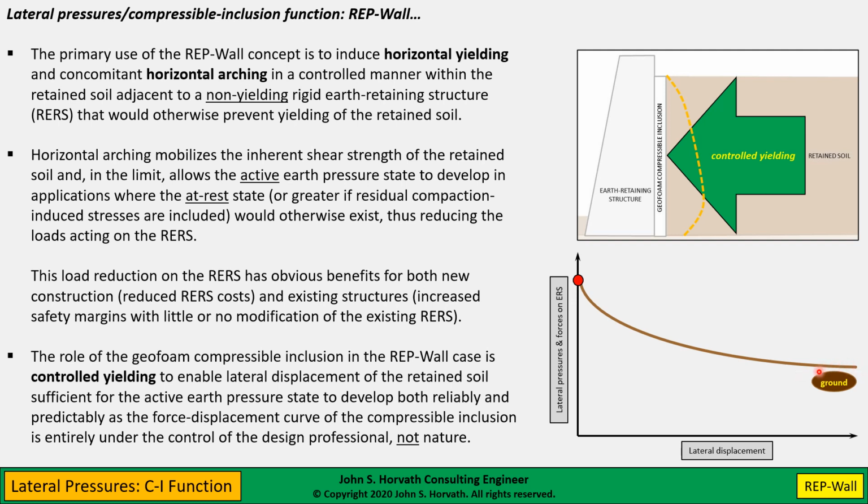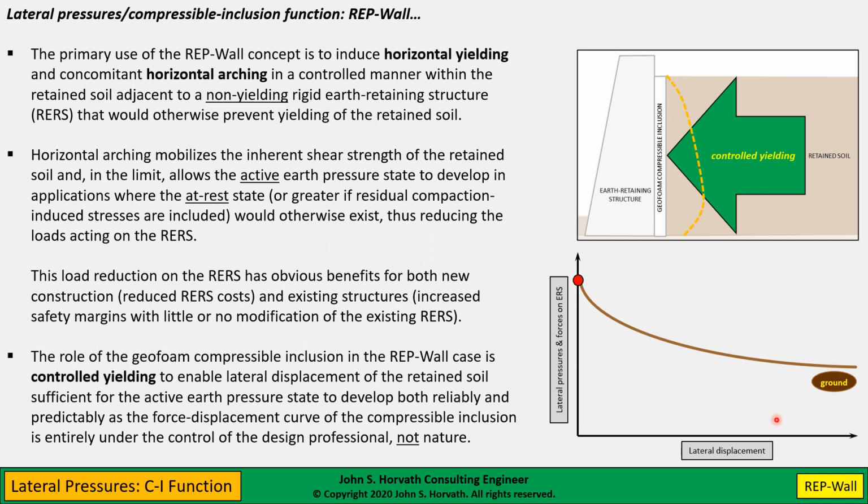So this will tend to plateau, and it will plateau at the active earth pressure state. Well, we can't control nature. I mean, the shape of this curve is dictated by the type of soil, its density, the height of the wall, things like that. All right, this has been researched.